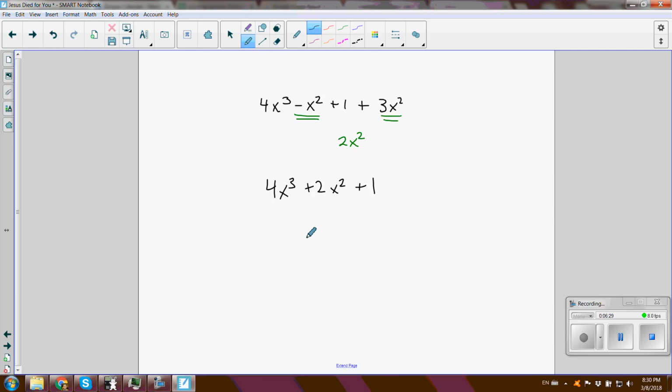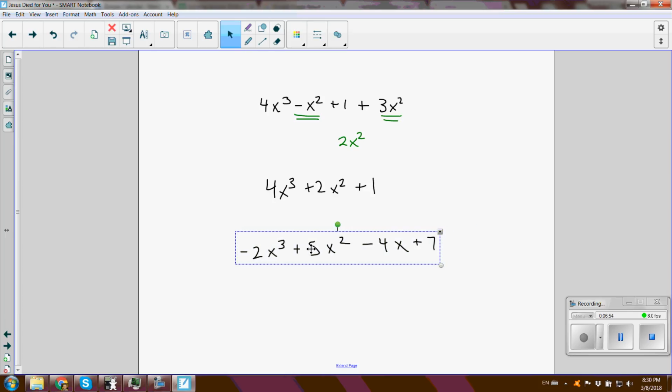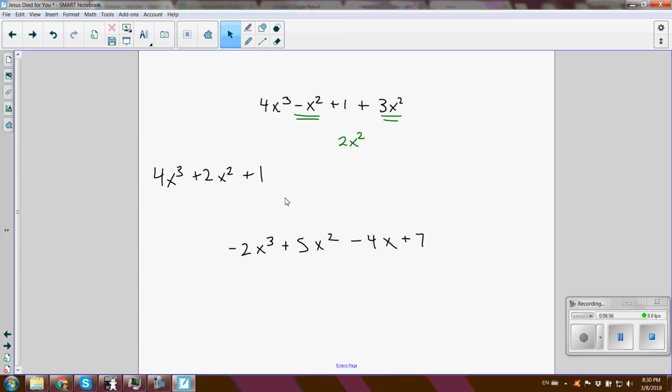That's really all there is to adding polynomials. Now, I'll give you another polynomial: negative 2x cubed plus 5x squared minus 4x plus 7. Suppose we want to take this polynomial here.